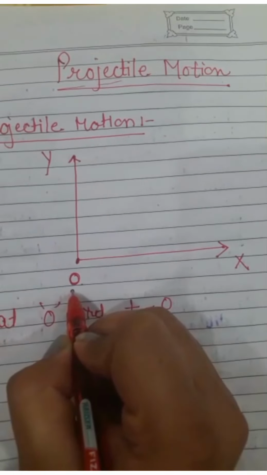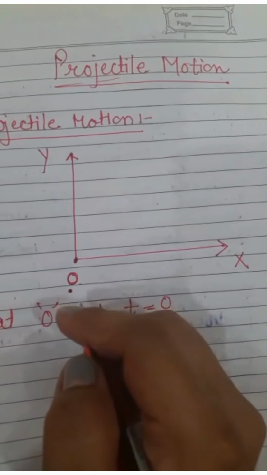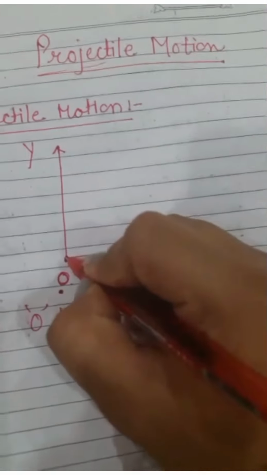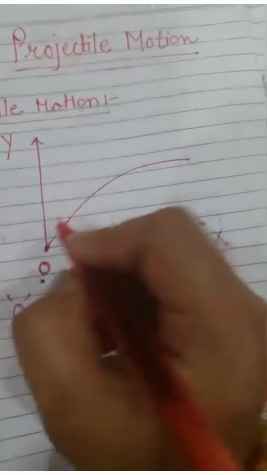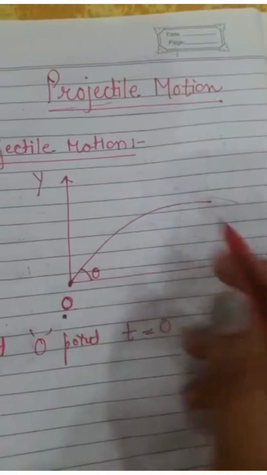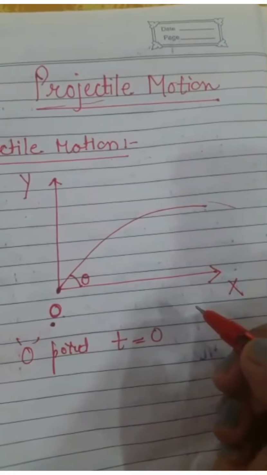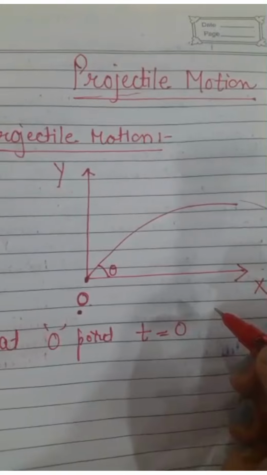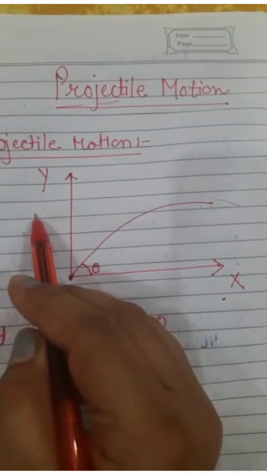Let us assume the initial velocity of the projection is u at the angle theta. This is the angle theta, in this way the body is projected with the horizontal, which is selected as the x-axis, and this is the y-axis.